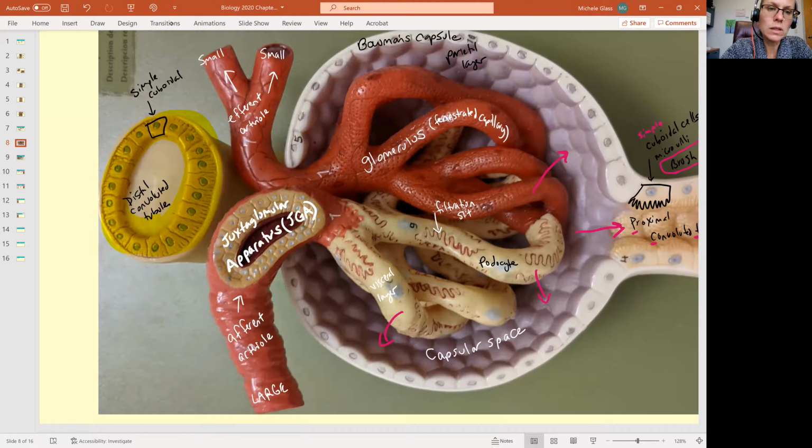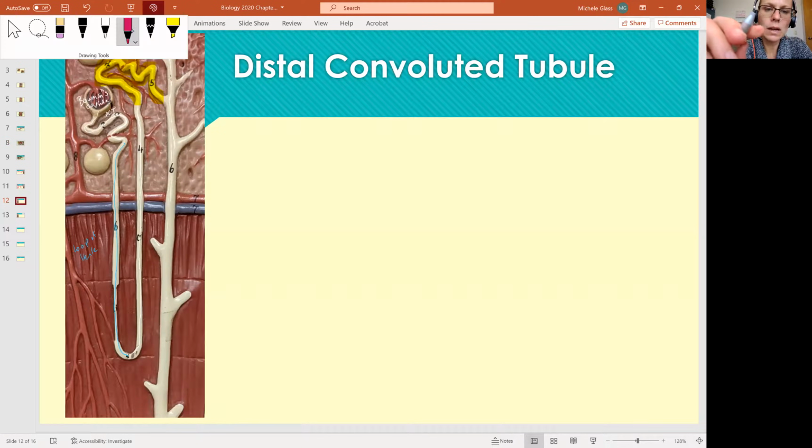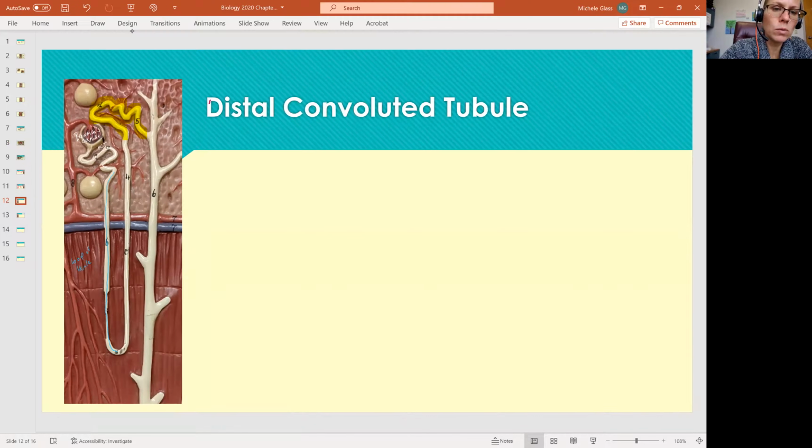Notice too that the distal convoluted tubule is lined with our old friend simple cuboidal epithelium, and notice that there's no microvilli, so we don't have another brush border. So again, as we're looking at our distal convoluted tubule, we can abbreviate it if we want, DCT.